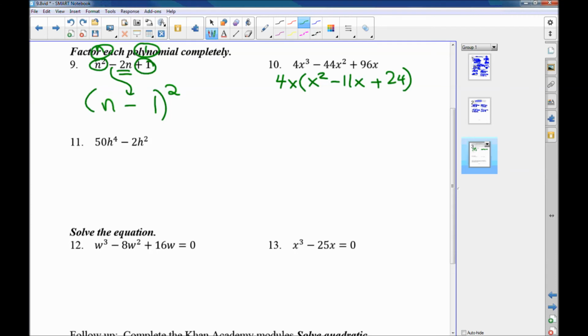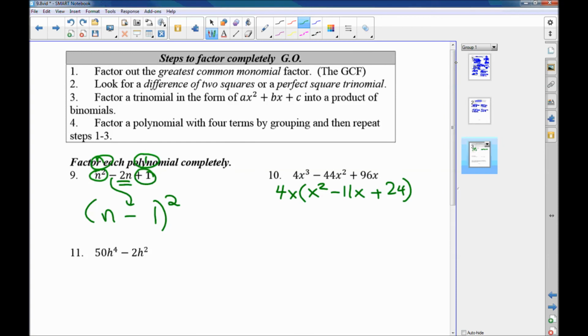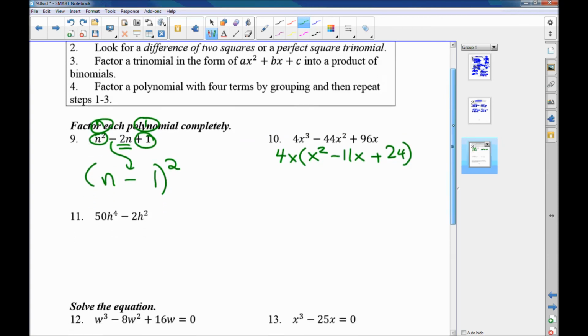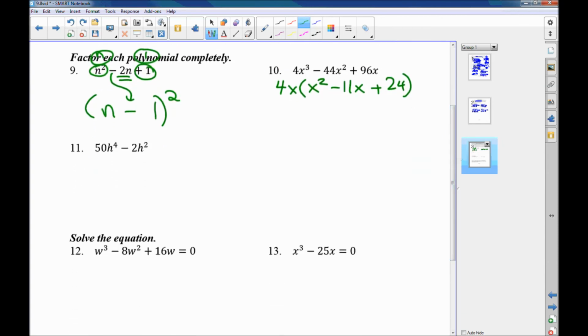Okay, this helps us a lot because now what's left behind has a leading coefficient of 1, and it meets our third step up here, which was factor anything in the form ax squared plus bx plus c into a product of two binomials. So two numbers that multiply to 24 and add to negative 11 are negative 3 and negative 8. So this part will change into two binomials. The first one is going to be x minus 3, and the second one will be x minus 8. Remember, it has a leading coefficient of 1, so we do not need to do our box here.